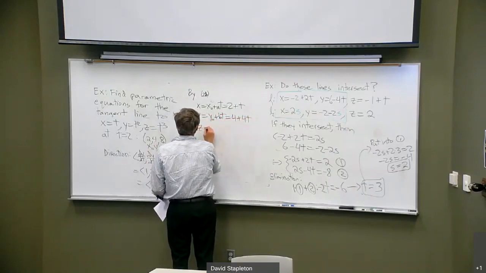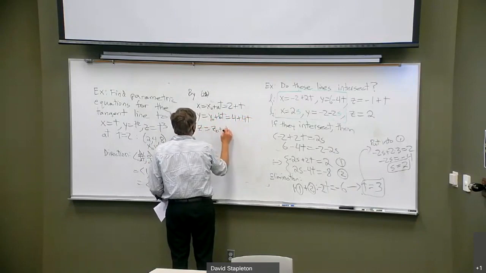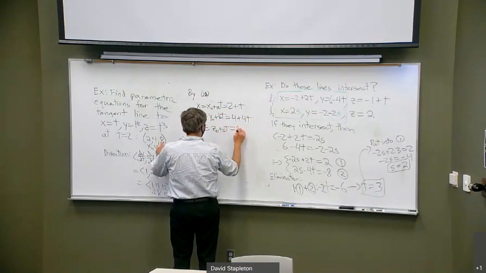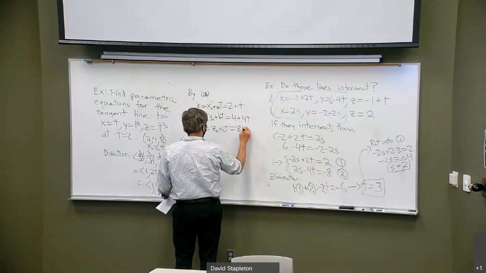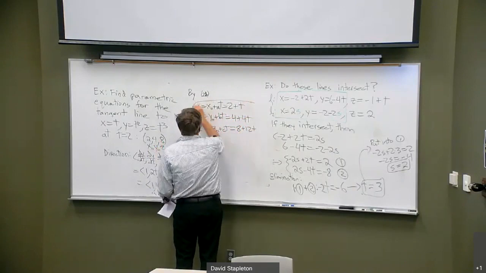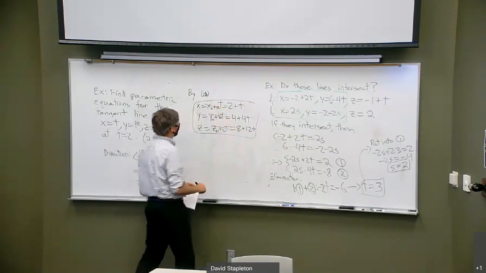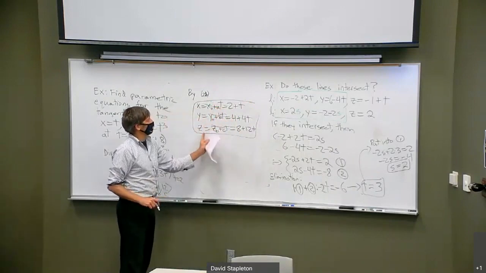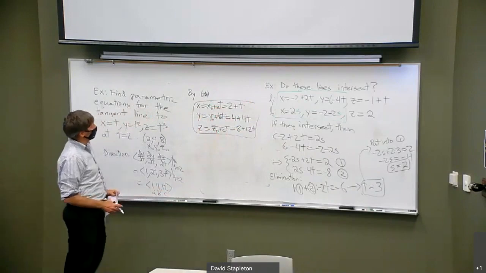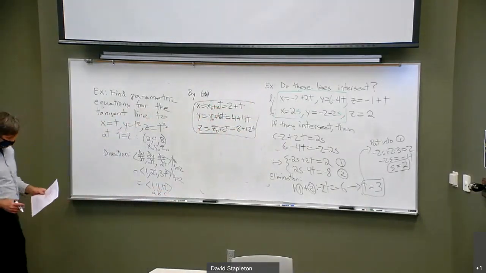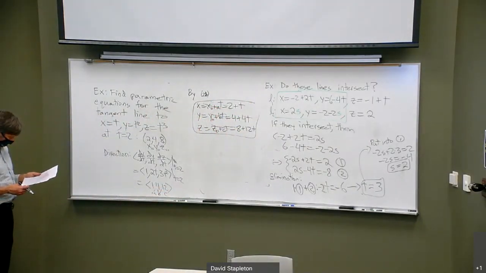And z is equal to z0 plus ct. That's 8 plus 12t. And then you can leave out the stuff in the middle. x equals this, y equals this, z equals this. Our parametric equations for the line. So, very nice result.